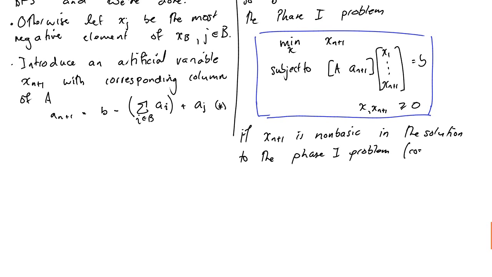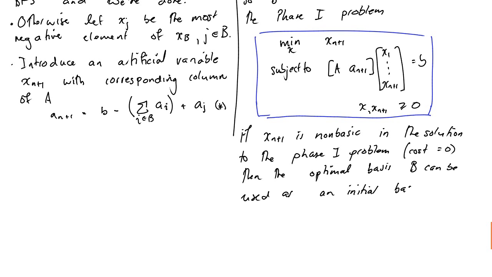Then the optimal basis B can be used as an initial basis for the phase 2 problem. And that will be our original linear program.